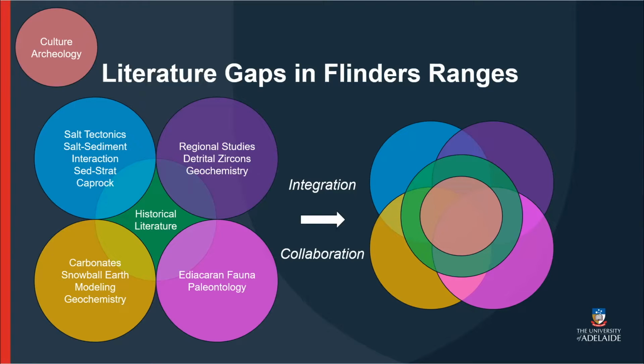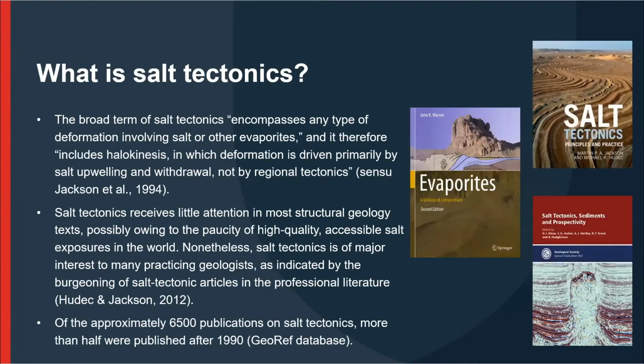But I'm hoping that as we continue to collaborate and work together, all these different disciplines can start to come together, and we can make big advances in the overall science and understanding of this crucial part of Earth's history. And just another important note is the cultural and archaeological significance, and really starting to bring that in and those stakeholders in, working with us more closely.